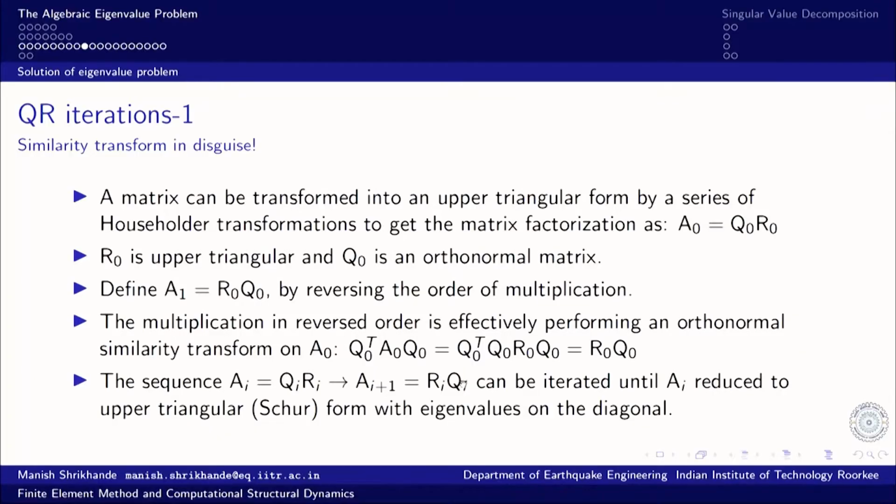The matrix factorization and reverse multiplication can be continued until this matrix A that we have is reduced to completely upper triangular form, and that is called Schur form, with eigenvalues on the diagonal of the matrix.